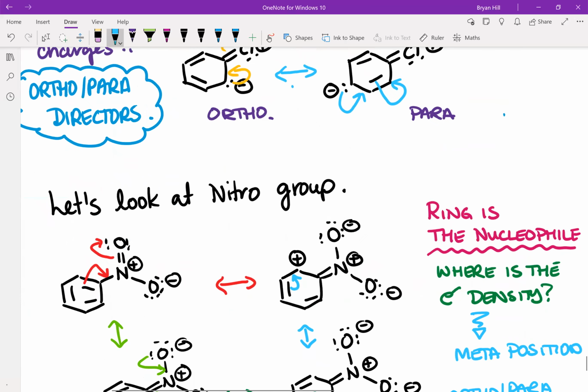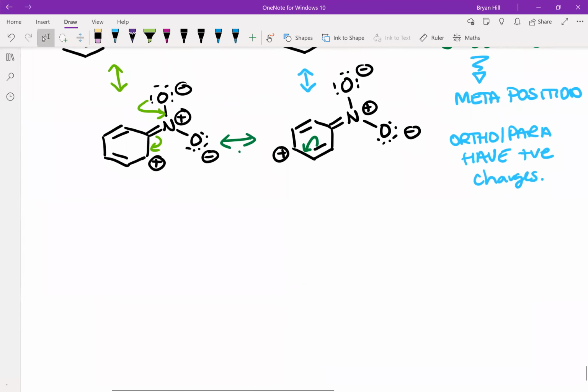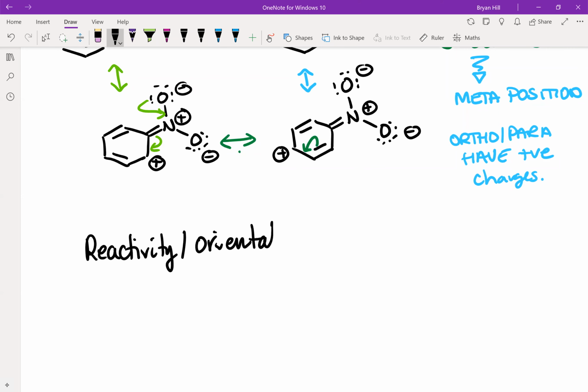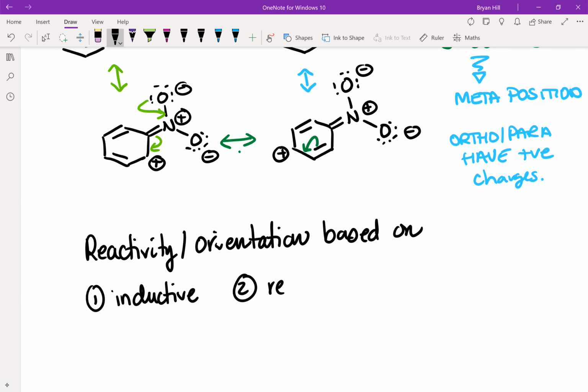So the reactivity and orientation is basically based on inductive effects and two resonance effects.